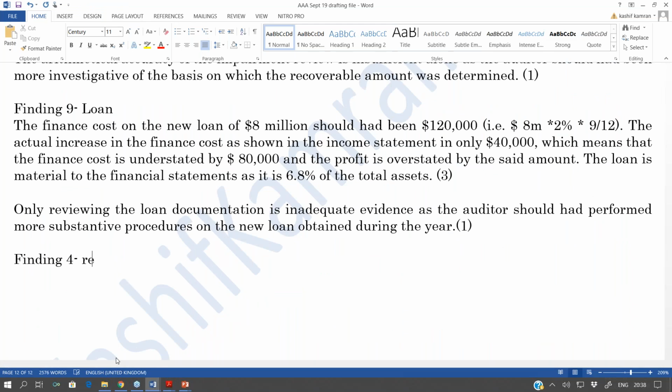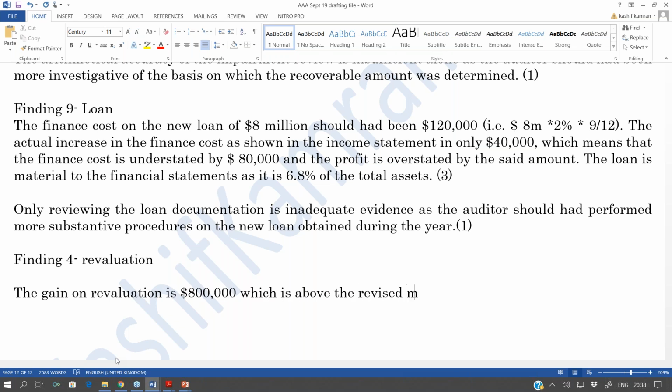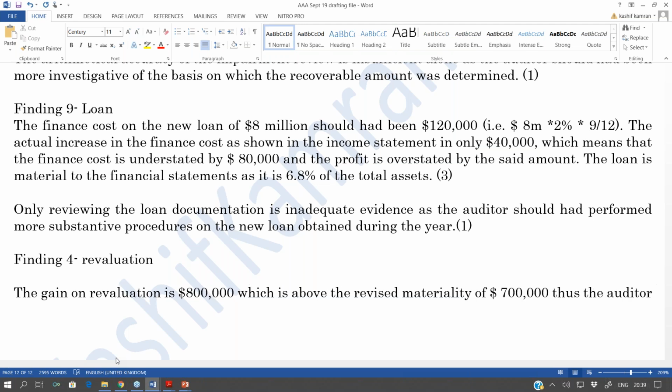Finding 4, which is about revaluation, and you say that the gain on revaluation is $800,000, which is above the revised materiality of $700,000.